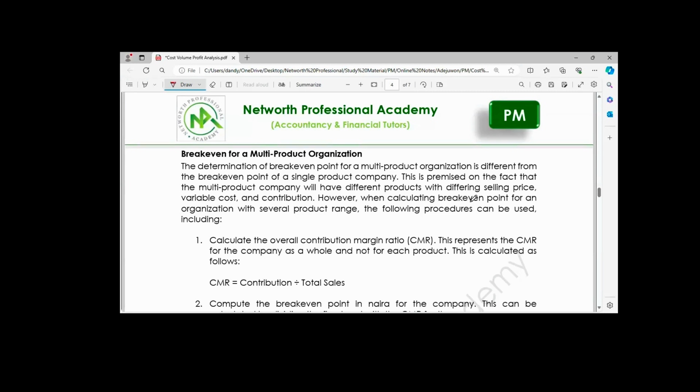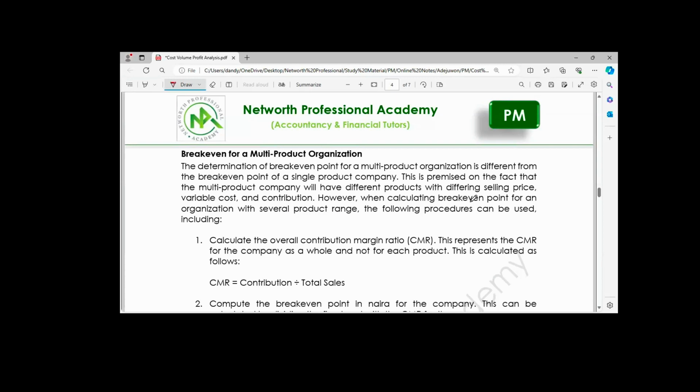So in that case, it will not be possible for you to calculate the break-even points in units or in Naira for the entire organization following the same procedures as a single product organization.